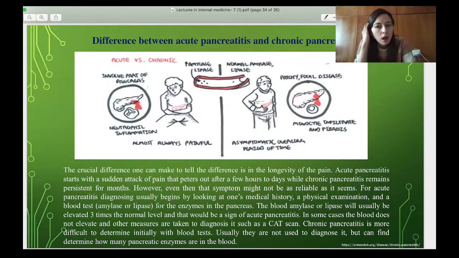If a patient has acute pancreatitis, this patient must visit the hospital immediately, and with chronic pancreatitis, the patient may spend this pain at home without treatment, without drugs, and without a hospital visit.